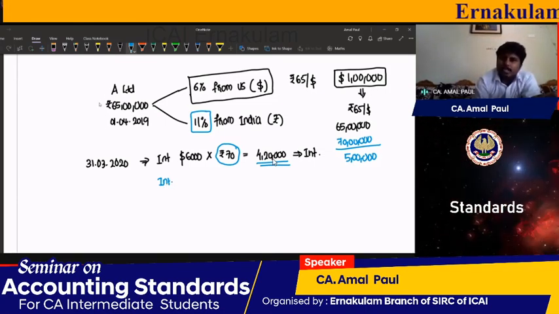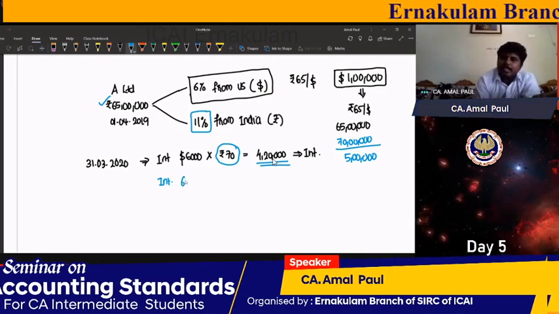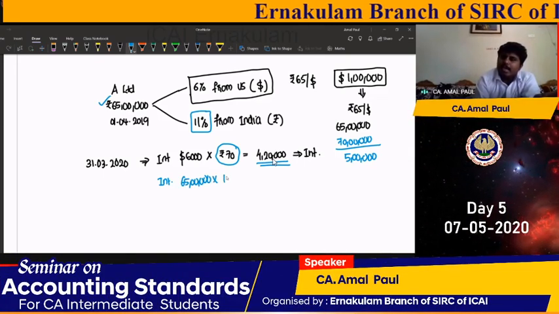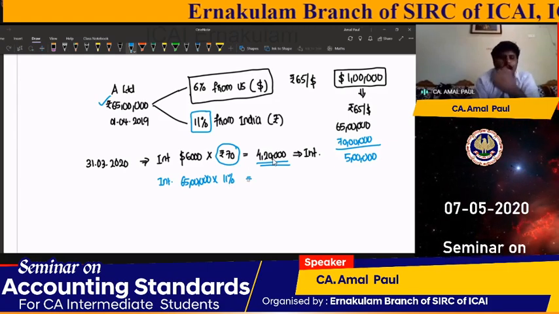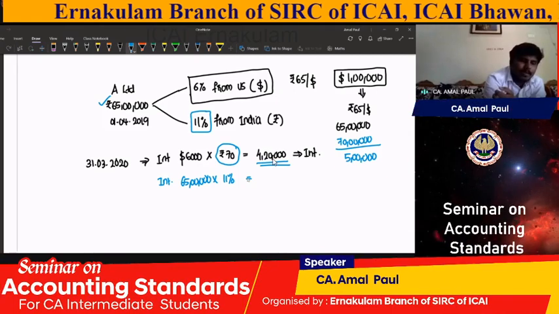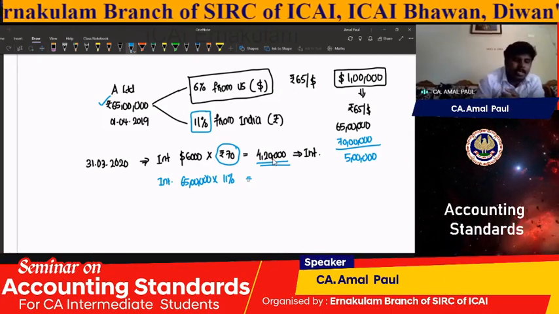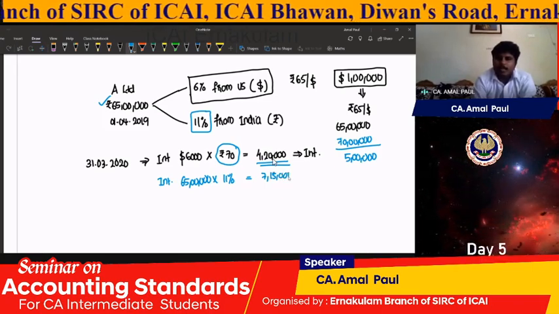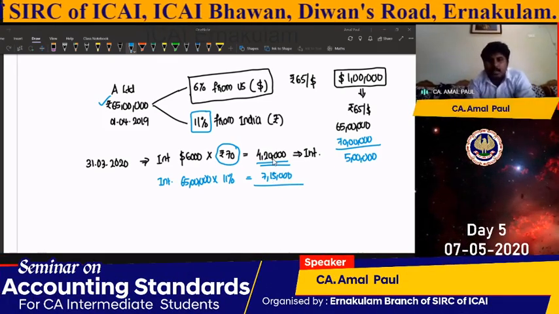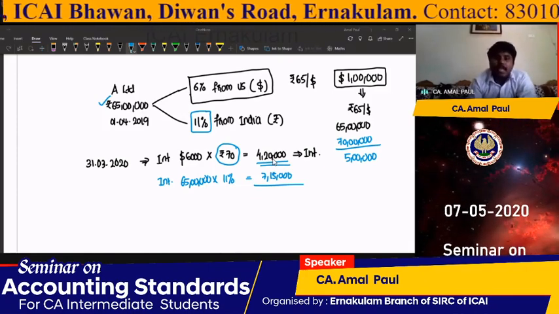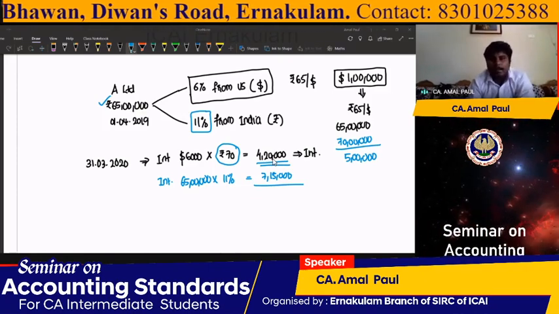They would have borrowed 65 lakhs at 11%. This would have been the interest they would have incurred: 65 lakhs into 11%, 7 lakh 15,000. They would have incurred 7 lakh 15,000 as borrowing cost if they had taken the loan from India.